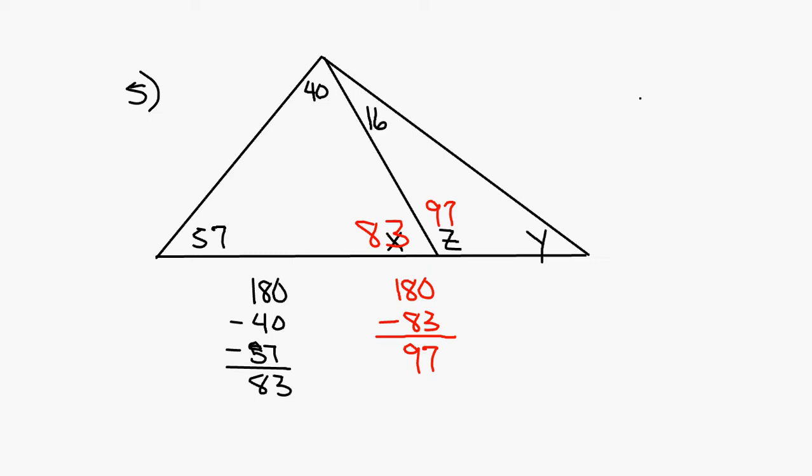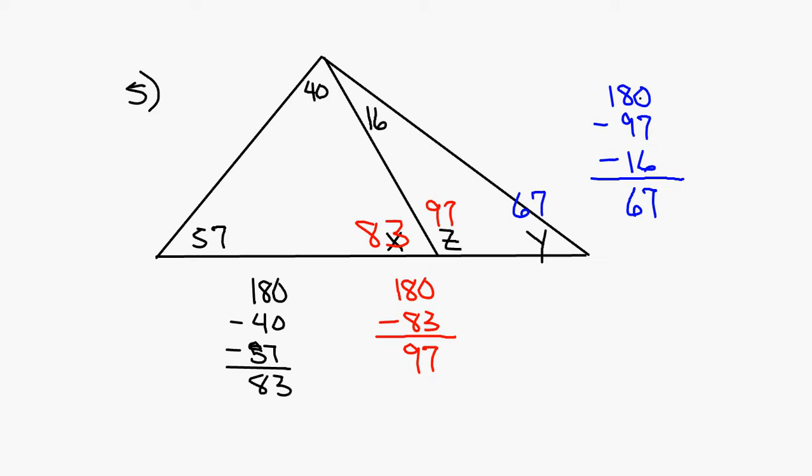And then 180 minus the 97 minus the 16 is going to be equal to... it's less than that. 67? 67. So y is equal to 67 degrees.